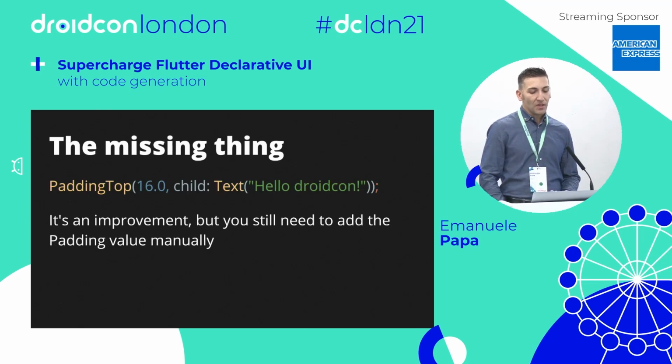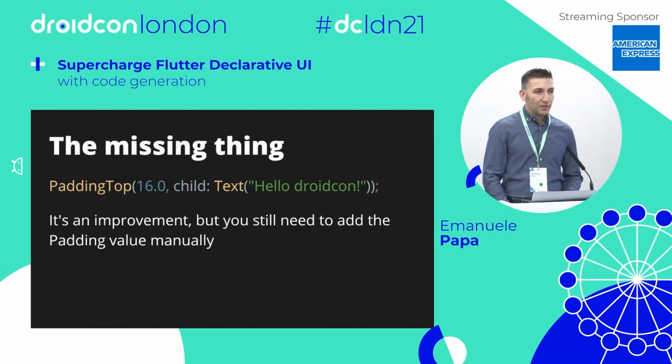Of course, this is an improvement over the standard solution, because you don't need to write edge insets anymore, all that boilerplate, but you still need to write the padding value. 16 here can also be a constant that you can define somewhere in your code. So this is not the point, because even if you write the constant, you still need to add it here. And this is not what I wanted.